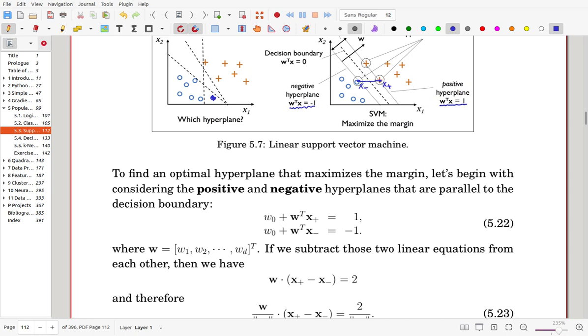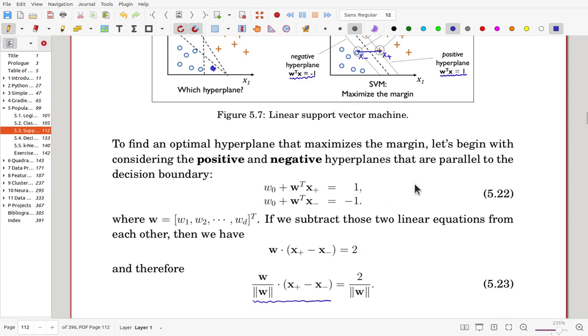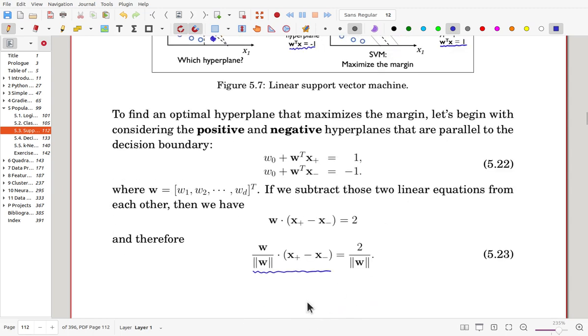We'll see that W must be a normal vector. So once it is normalized, from the formula you can write this norm as 1 times the norm of x plus minus x minus, times cosine theta, the angle between this vector and that one.